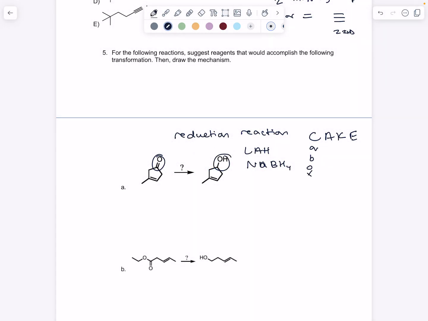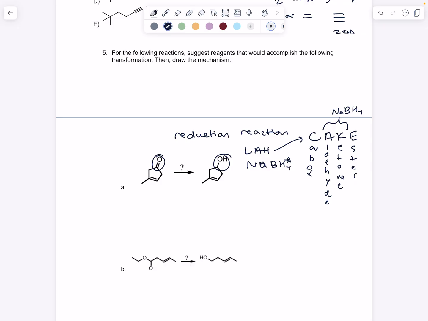Carboxylic acid, aldehyde, ketone. It's hard for me not to write the letter that comes after that. Or ester are the big things that get reduced. Cake gets reduced by LAH, but if you have NaBH4, you can't take the whole cake. It can just take a slice of cake. So if you want a slice of cake, aldehyde or ketone, you use NaBH4.